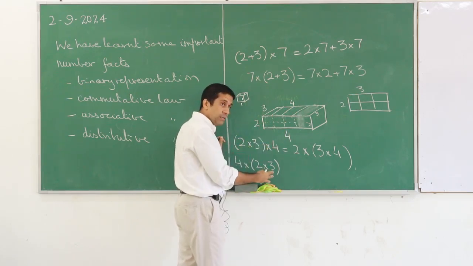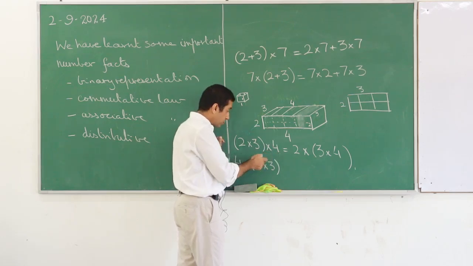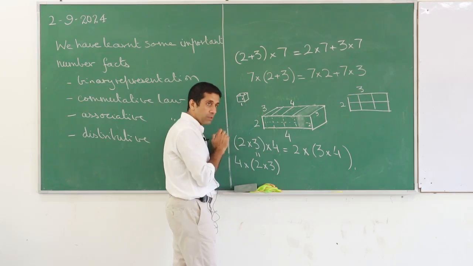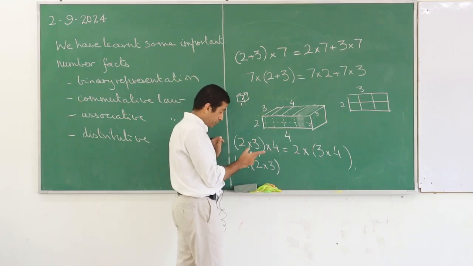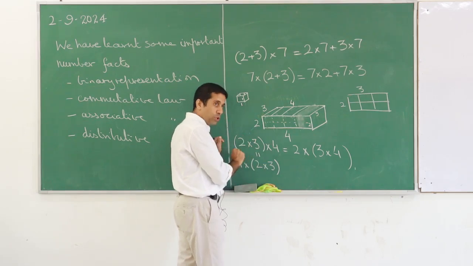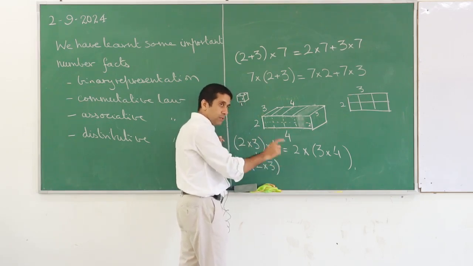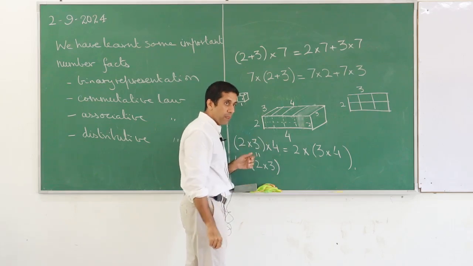So 4 2 3s are the same as 2 3 4s. So I've used the commutative law to say this is equal. Does that clarify your question? Yeah? Sure? So I actually showed you, you correctly pointed out, I showed you 4 2 3s, but I wrote 2 3 4s. And I'm using the commutative law to convince you that this is true.